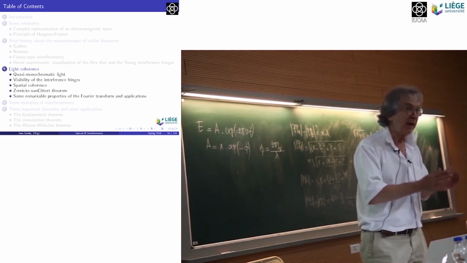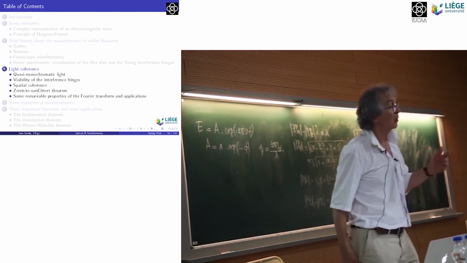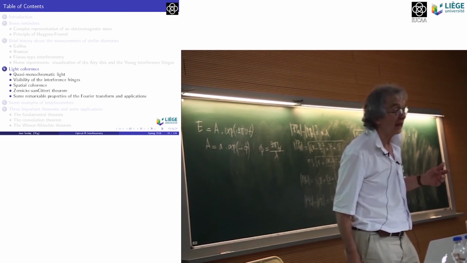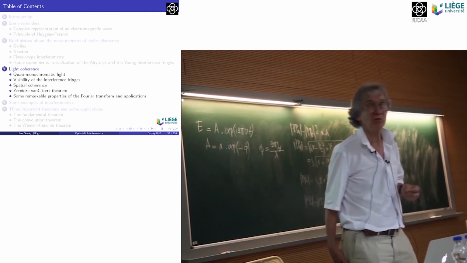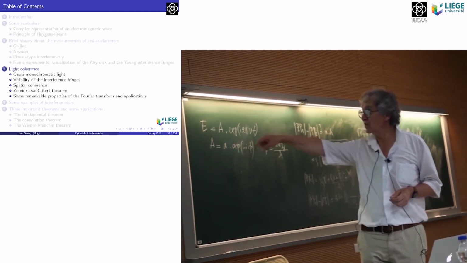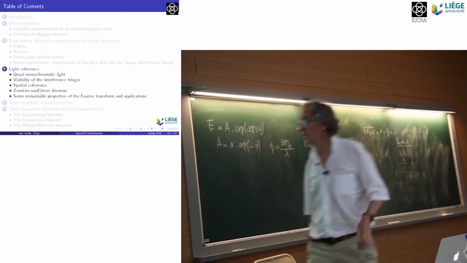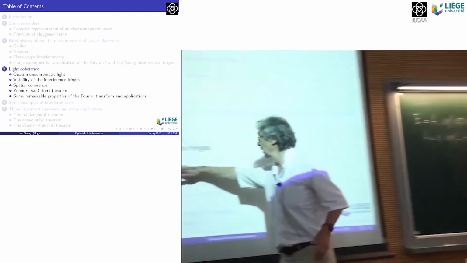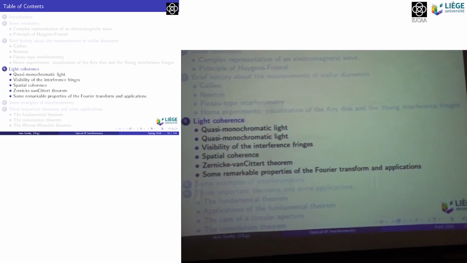But they work with a narrow band, and then we produce what is known as quasi-monochromatic light. So it's not monochromatic, but quasi-monochromatic. And so these are the different sections that we'll see next time, with some very important theorems, and then some very nice results. So it will be a little bit more theoretical next time.